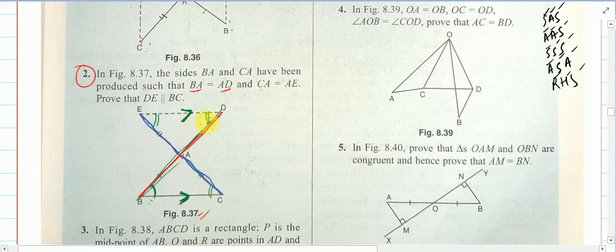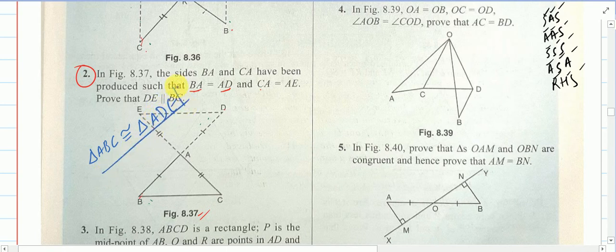Now how can we show that these two angles are equal? If by any means we could show that this triangle is equal to this triangle. So we are supposed to show that triangle ABC is congruent to triangle ADE.